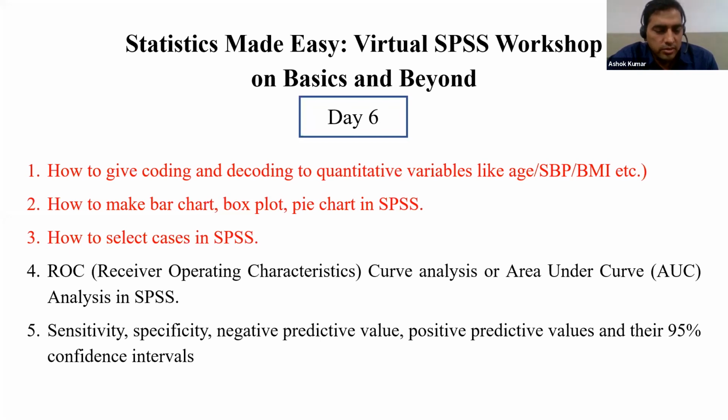And now the main topic today: ROC, receiver operating characteristic curve analysis or area under curve analysis in SPSS. Then after that, sensitivity, specificity, negative predictive value, positive predictive value, and their 95% confidence intervals. So today we will discuss all these things.